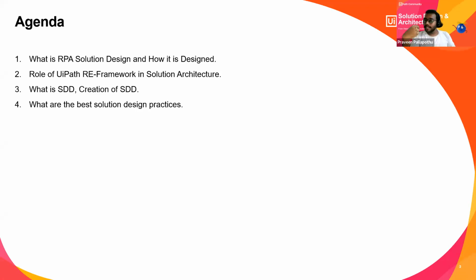After that, we'll know what an SDD is and why we need it, and the key core components of an SDD which must be followed. Most of you have certain questions on SDD, such as at what phase it is needed, and how it can be updated, modified, approved. We are going to discuss all these throughout the session, along with certain best practices while designing the solution for any automation process.